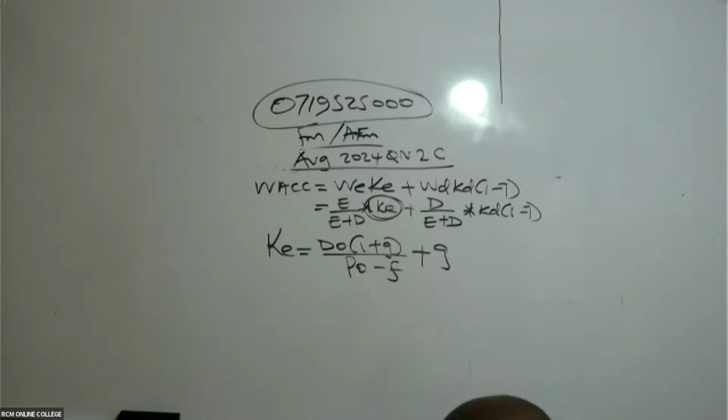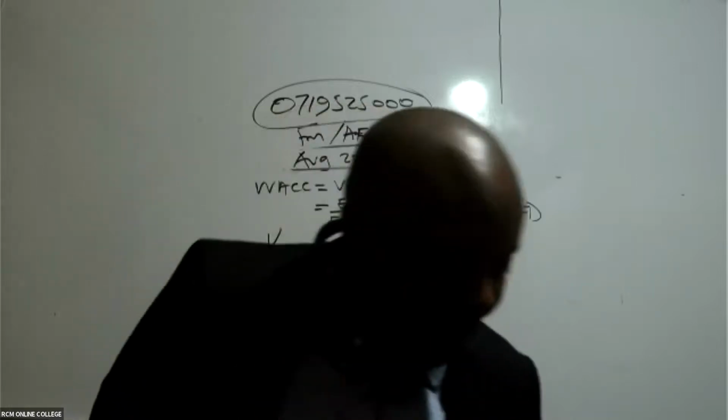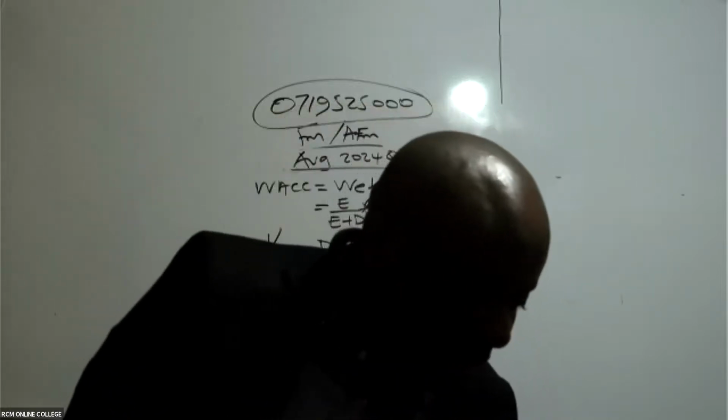So we have our KE, and we're trying to discuss this great question here. KE is cost of equity. D0 is current dividend per share. Please write this in full.